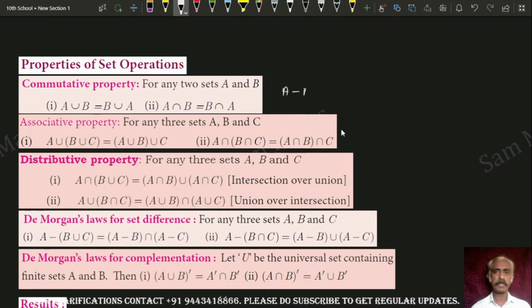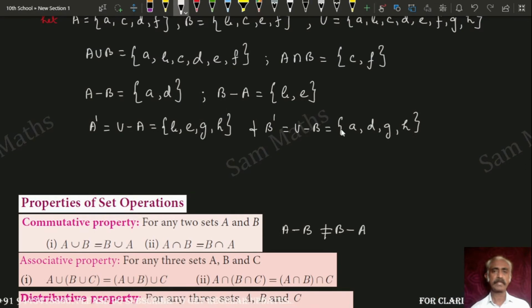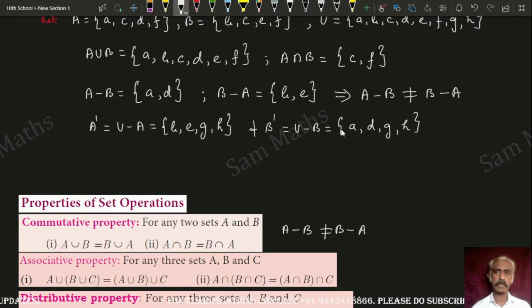A minus B is not equal to B minus A. Clear, children? That just we discussed now. That is, A minus B we obtained and B minus A we obtained here, which implies it's very clear that A minus B is not equal to B minus A.